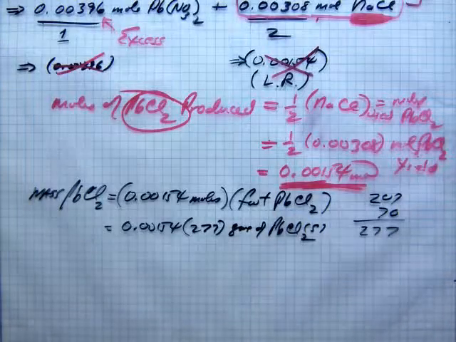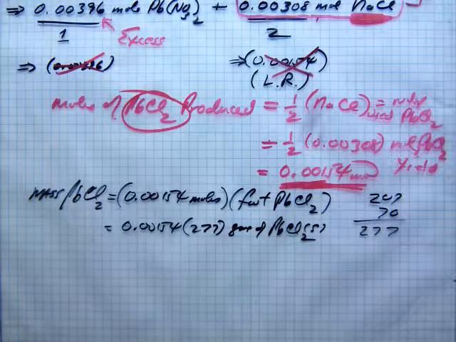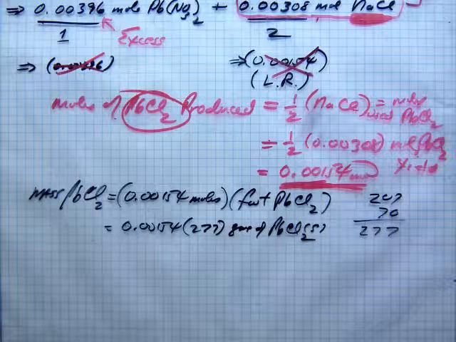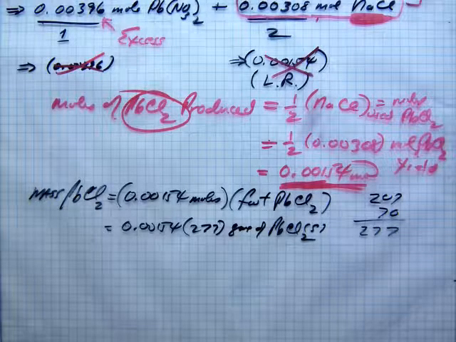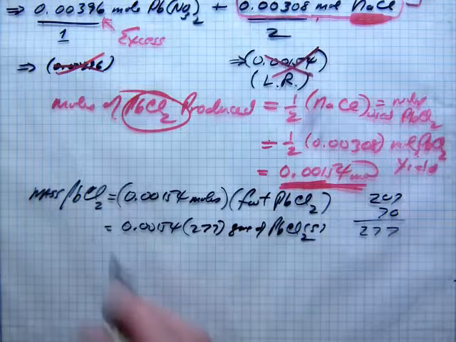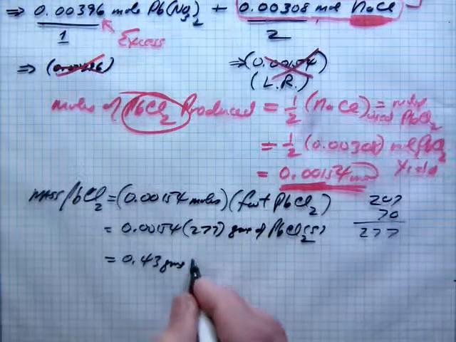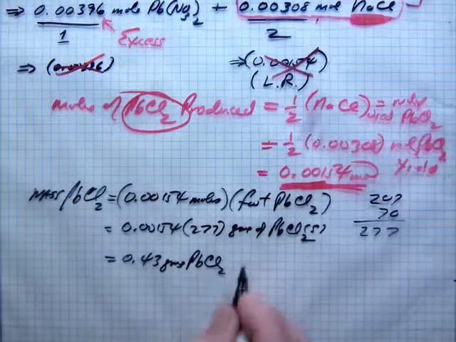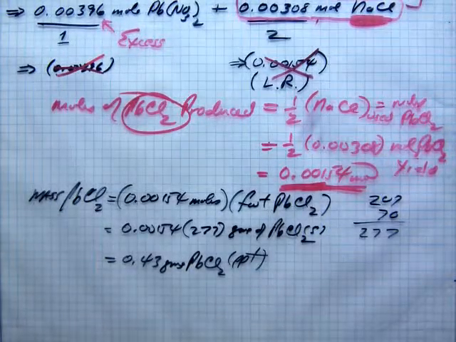I mean, it's real close to. And it's stoichiometrically perfect. 0.00154 times 277 is 0.43. That's good enough. 0.43 grams of lead chloride precipitate.